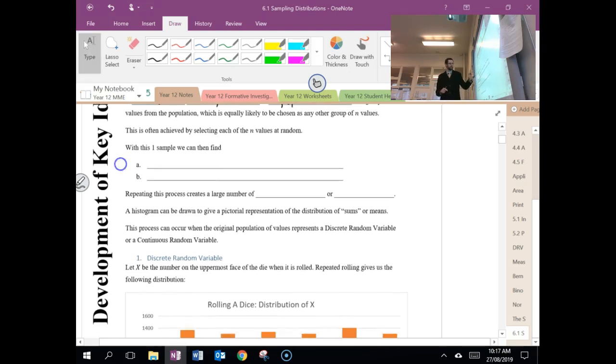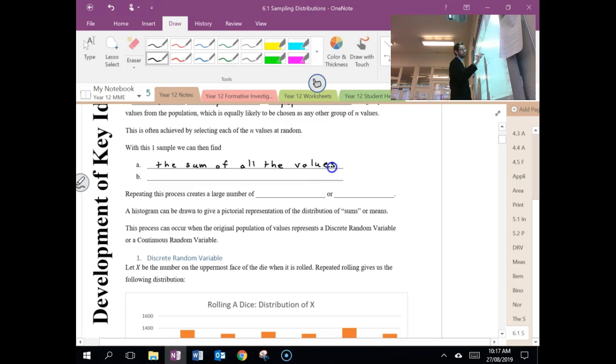So, if I then get a sample, I can do two things to it. I can find the sum of all the values. So, with this one sample, we can then find the sum of all the values.